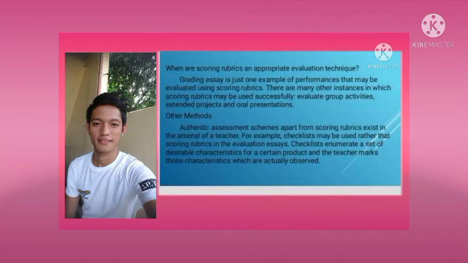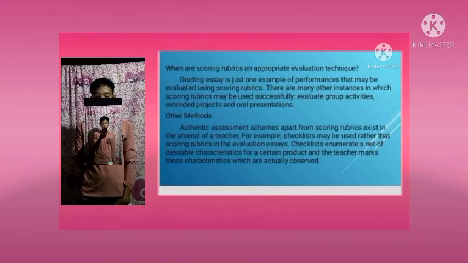For example, checklists may be used rather than scoring rubrics in the evaluation of an essay. Checklists enumerate a set of desirable characteristics for a certain product, and the teacher marks those characteristics which are actually observed.